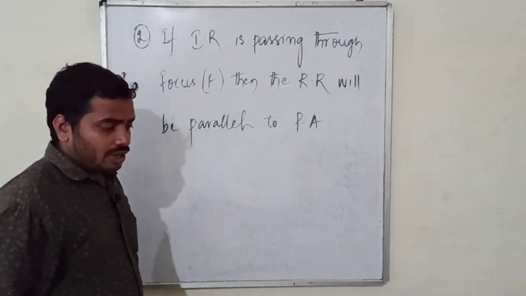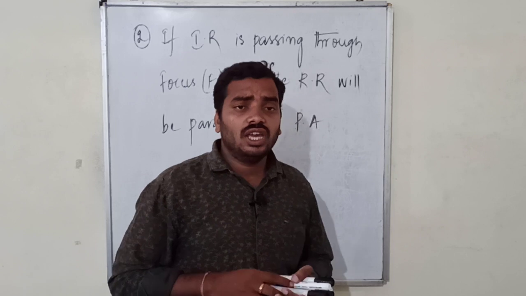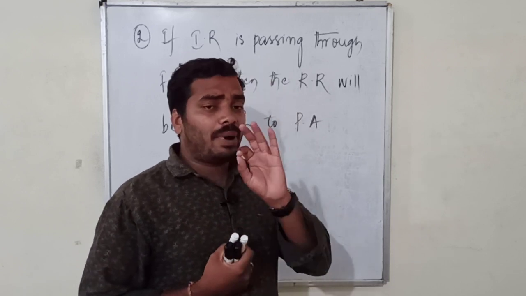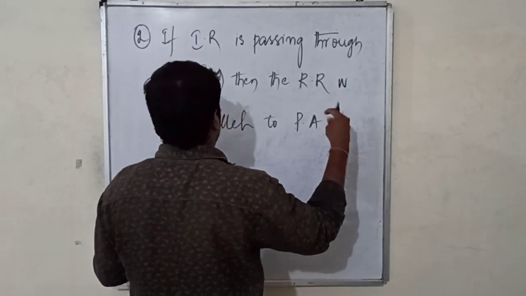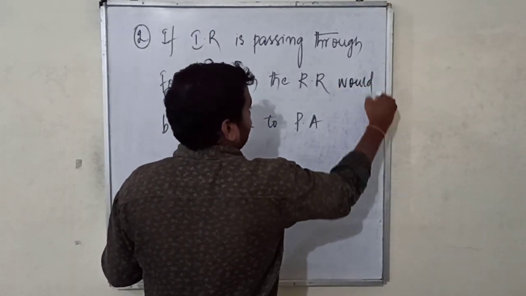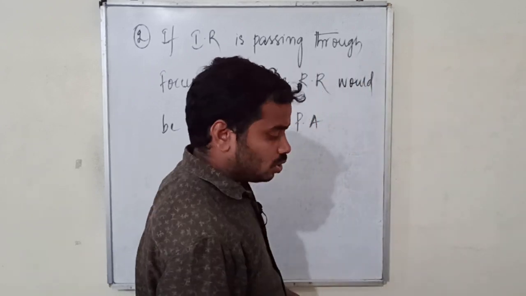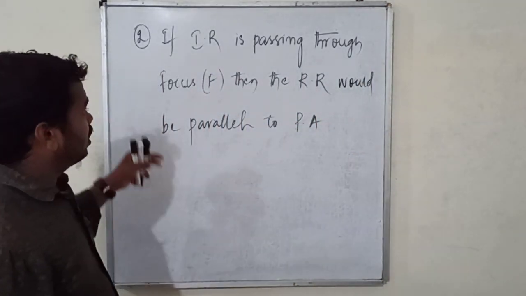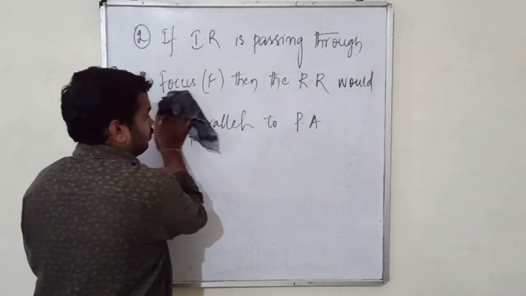Remember, if the incident ray is passing through focus, obviously the reflected ray would be parallel to the principal axis. So let us see the same statement in the diagrammatic way.